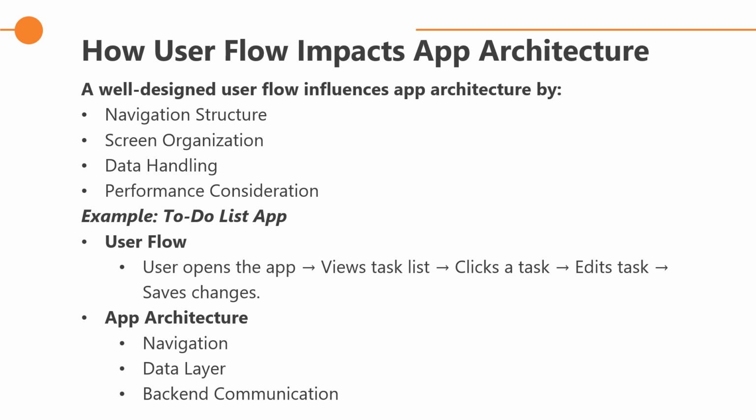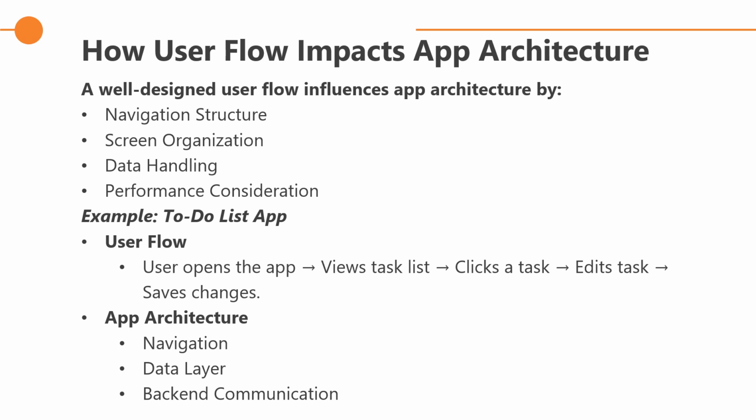Understanding how a user is going to flow through your app is going to help you pick the appropriate navigation structure. The second thing is that it helps with screen organization. If a user flow shows complex decision making, then the app architecture must support conditional paths. That is, different screens based on the different user choices.